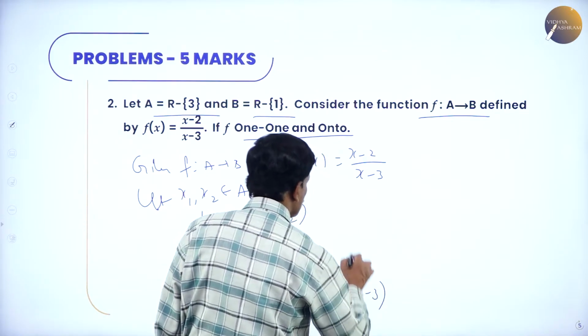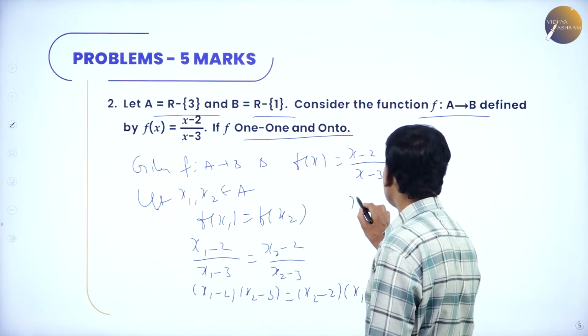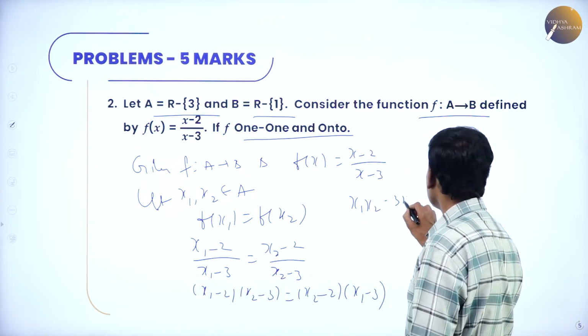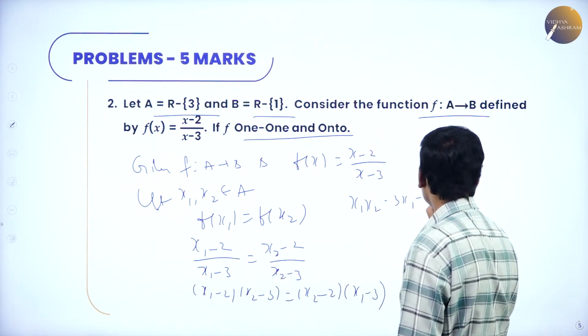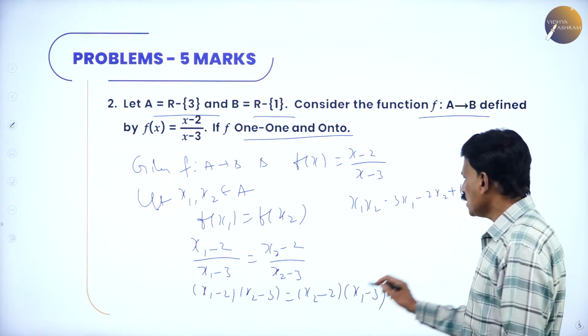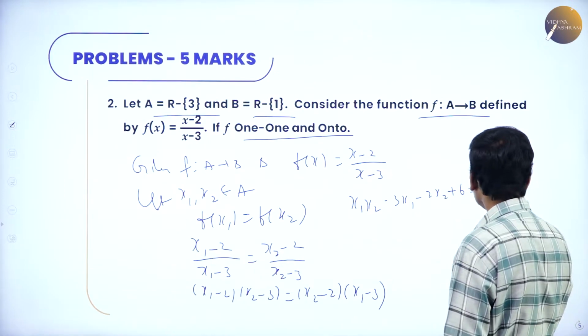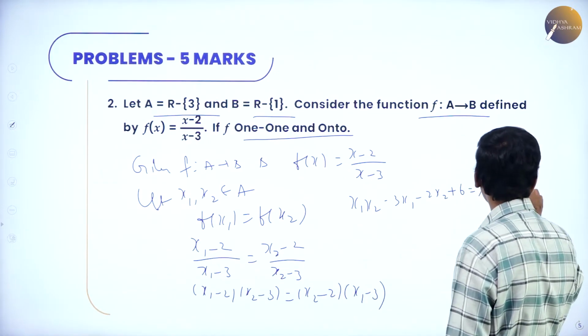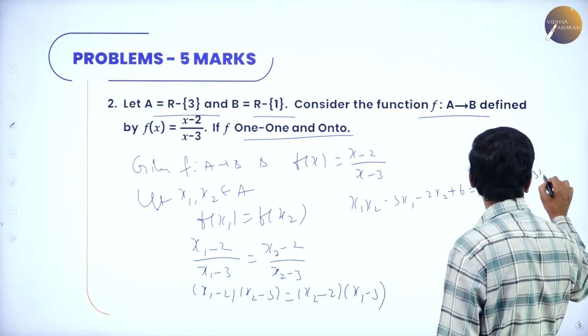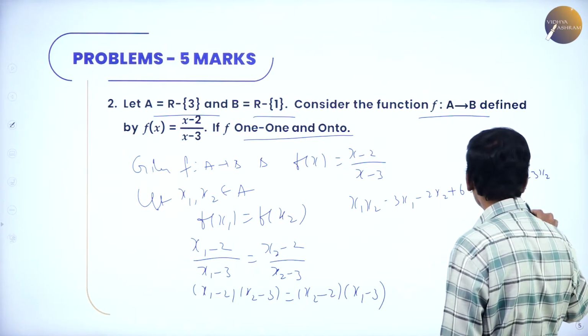So this can also be written as, multiplying, x1 into x2 is x1 x2, minus 3 x1. Again minus 2 into x2 is minus 2 x2. Minus into minus, plus 3 twos are 6, is equal to x1 x2 minus 2 x1. Again minus 3 into x2 is minus 3 x2. Minus into minus, plus 3 twos are 6.